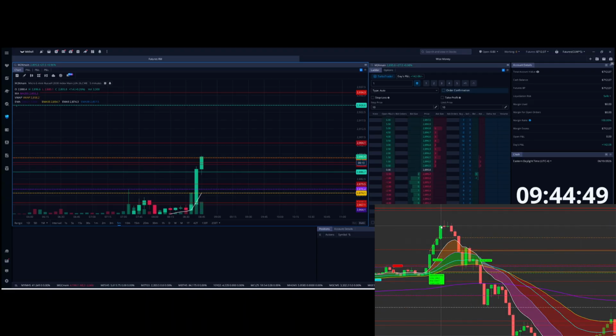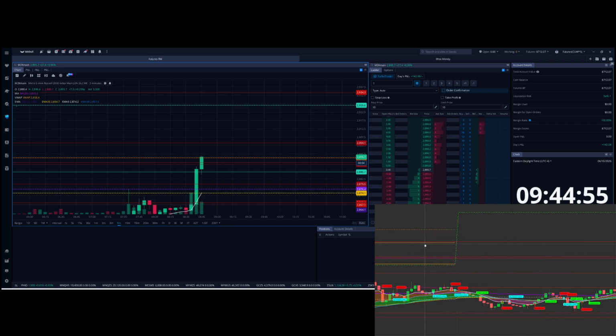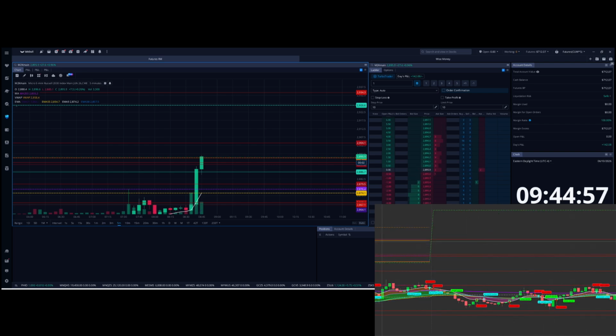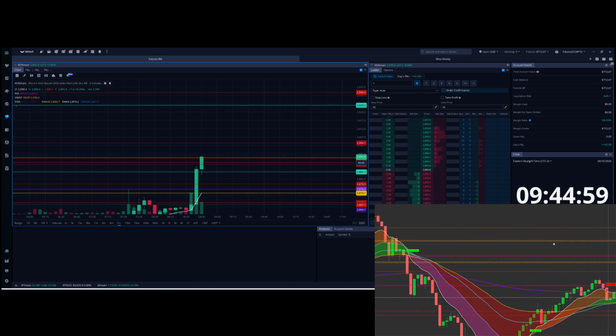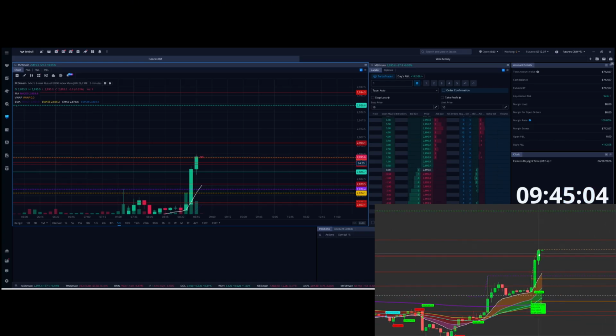Let's see, yesterday it kind of stalled out right there and went back, so it didn't even go too far outside of that 15-minute range. One full candle out there, and then it reversed.